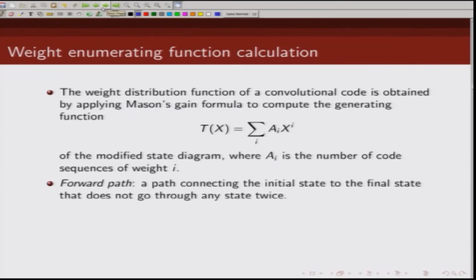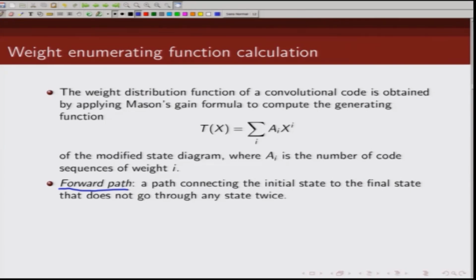Now, let us define a few terms that we are going to use in Mason's gain formula. The first term we are going to define is the forward path. A forward path is a path from the initial all 0 state to the final state, and the condition is that this path should not go over any state twice.